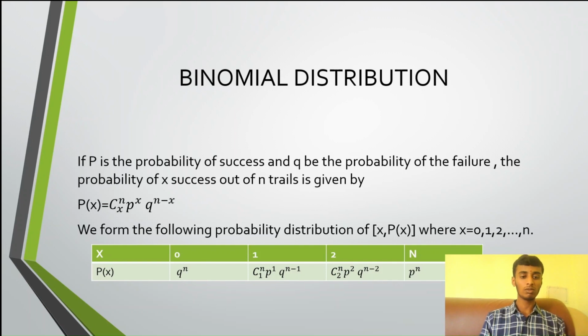We form the following probability distribution of x, P(x), where x equals 0, 1 up to n. You can see in this table that there is a distribution from 0 to n.